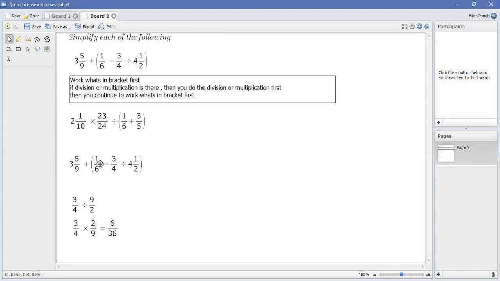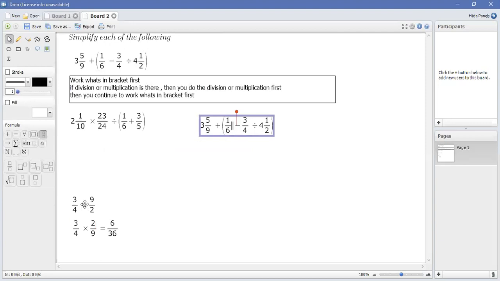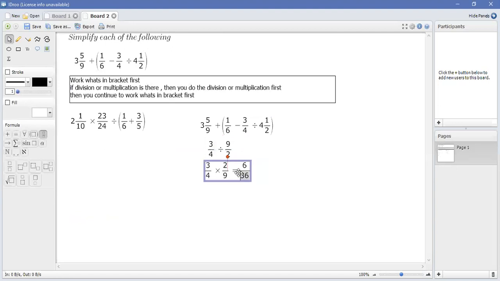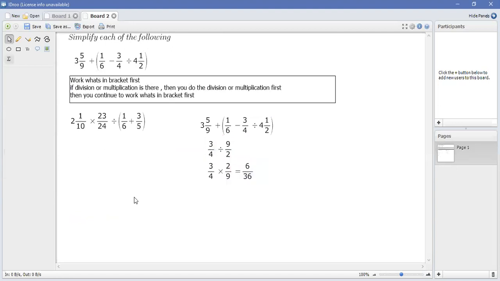So let's carry this over here. All right, so now we did that. Now we have the 1 6.